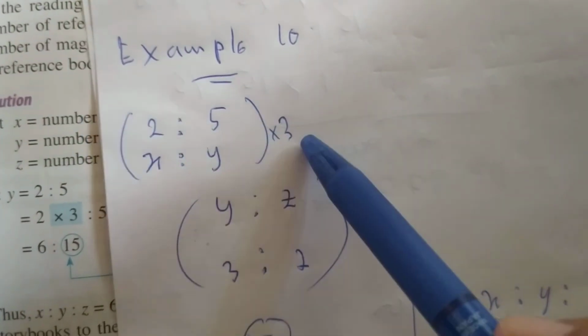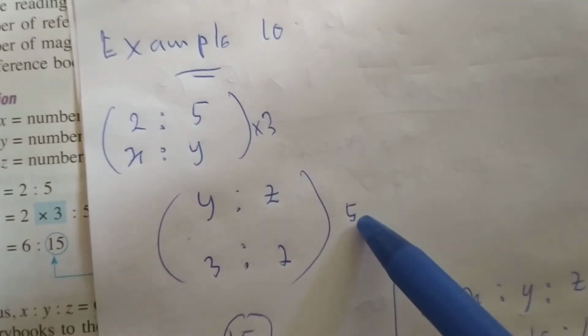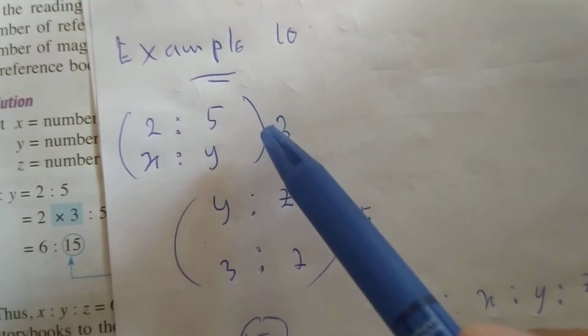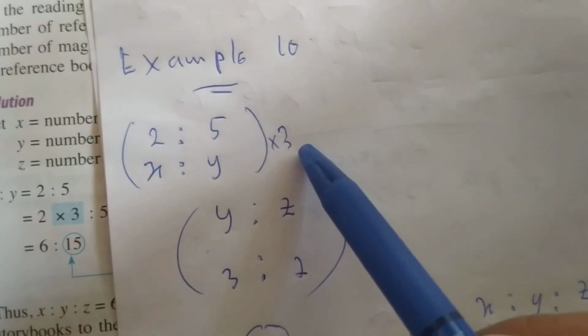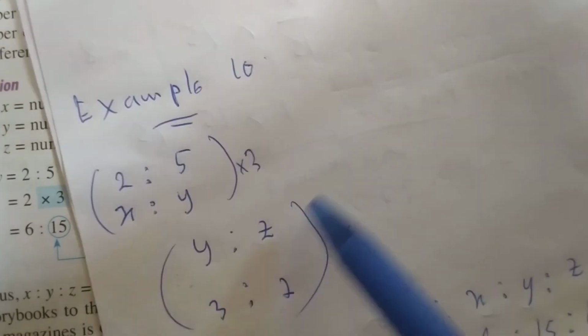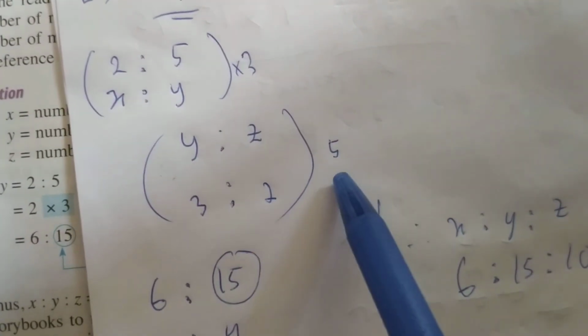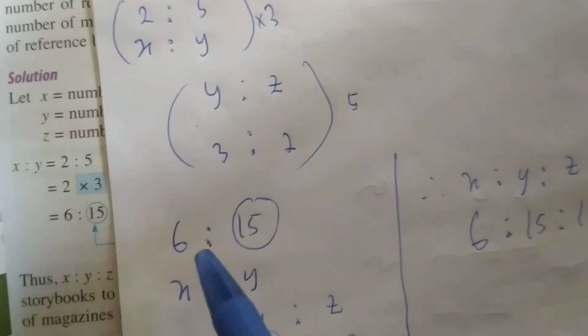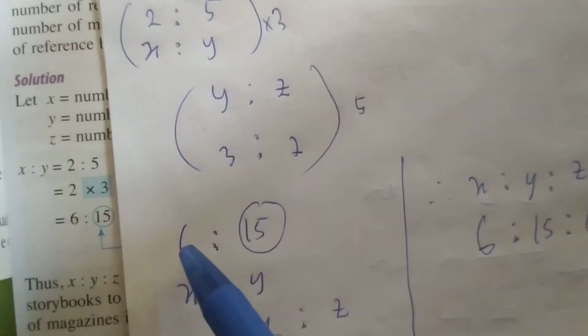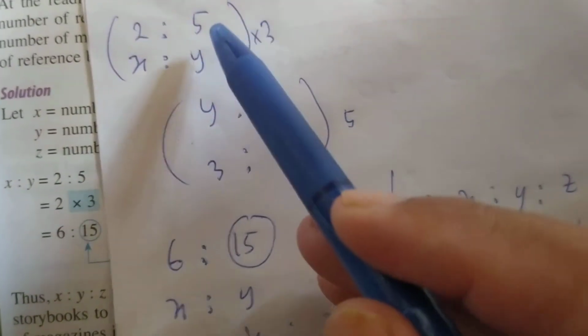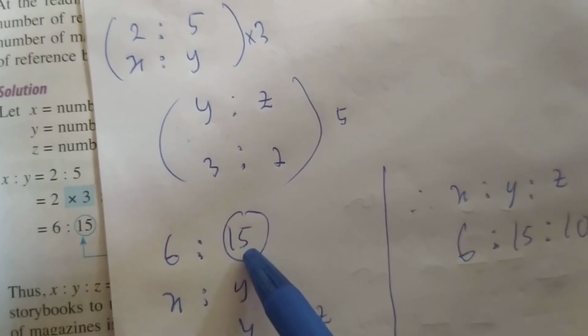5 times 3 become 15, 3 times 5 become 15. So all the ratio here you times 3, then the ratio here you times 5. So 2 times 3 becomes 6, 5 times 3 become 15.